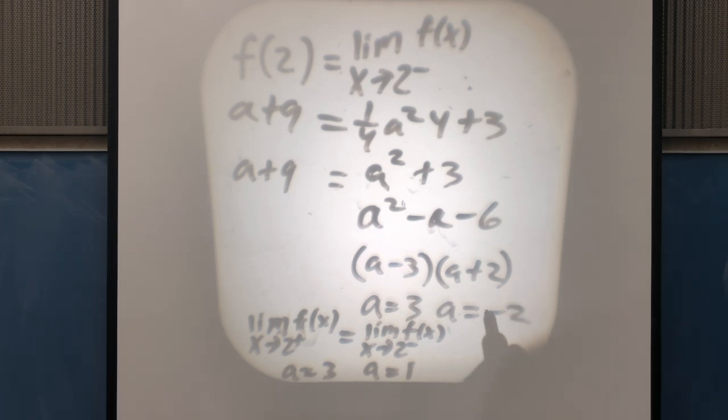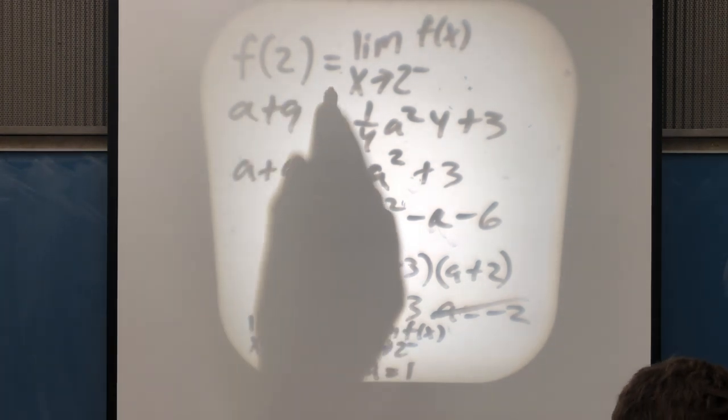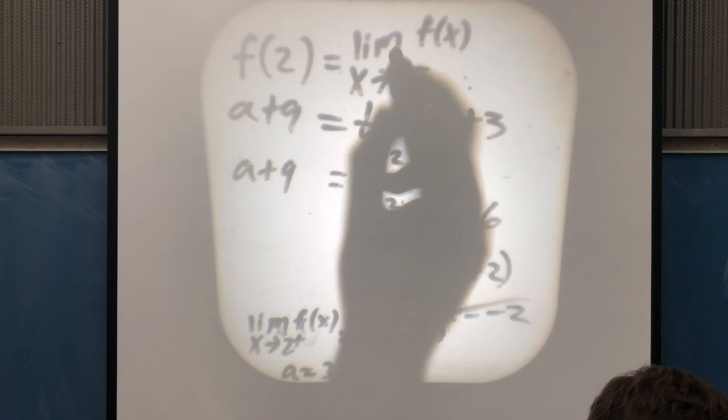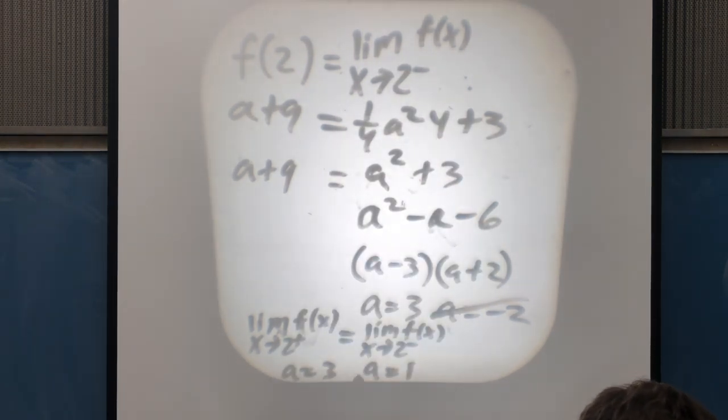But if negative 2 were plugged into the limit from the right and the limit from the left, it would not make them equal to each other, so therefore not continuous. So that one goes away. And if 1 were plugged into f of 2 and the limit from the left hand, it would make them not equal to each other, so that goes away.